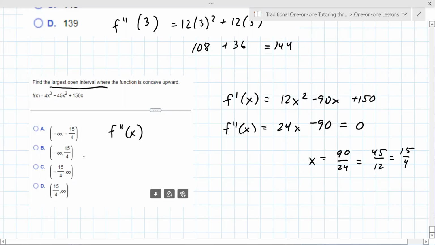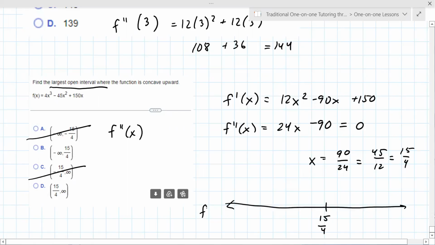So our answers are either the ones with positive 15 over 4, and so either B or C. Okay, so that's a critical point here, 15 over 4. And what you do is you test points back in the second derivative. This is kind of an awkward one, like, what do you even test? Well, you could test 0, because 0 is less than that. 24 times 0 minus 90, testing it back in this line here, gives a negative number.